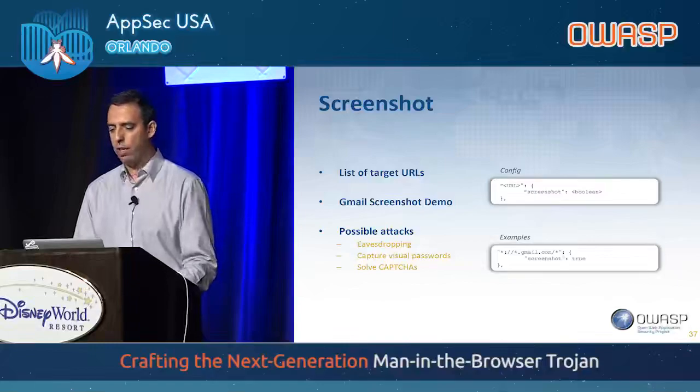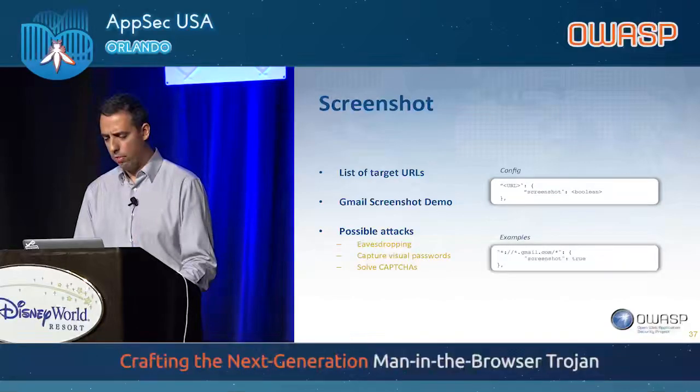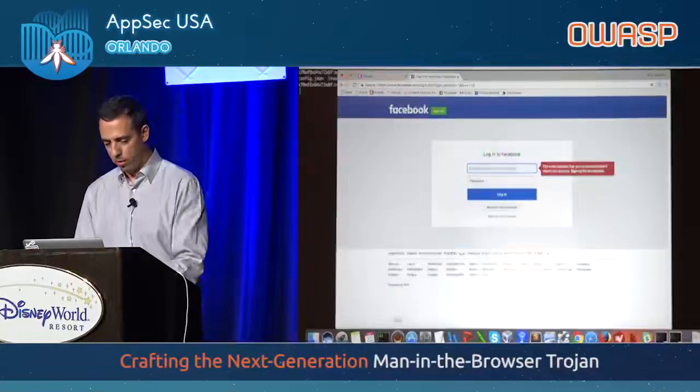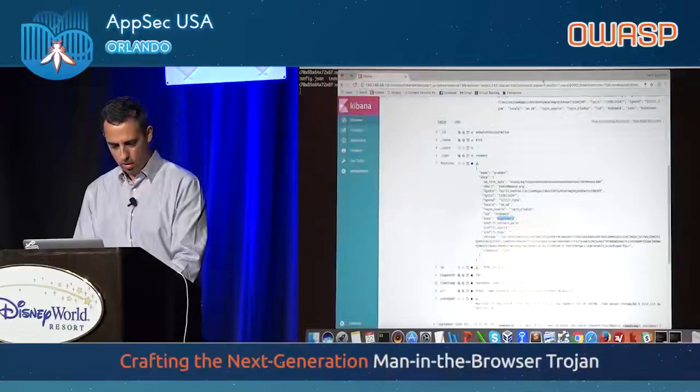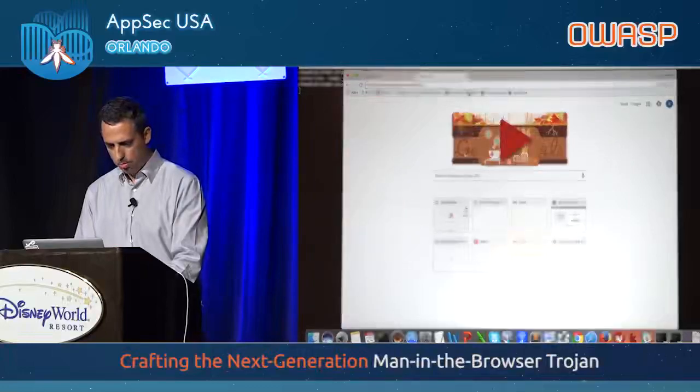I just need to specify an URL and enable the screenshot. It's really easy again. So what I'm doing is I'm grabbing a screenshot from Google Mail, okay, which is interesting. Okay, let's do it. Chrome extension. Okay, open Gmail.